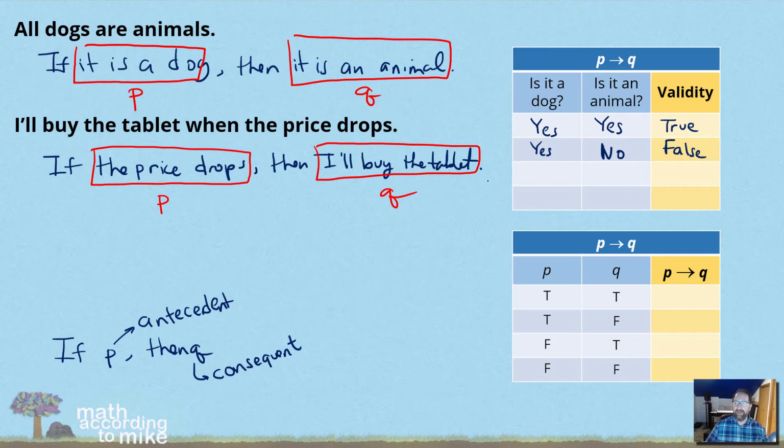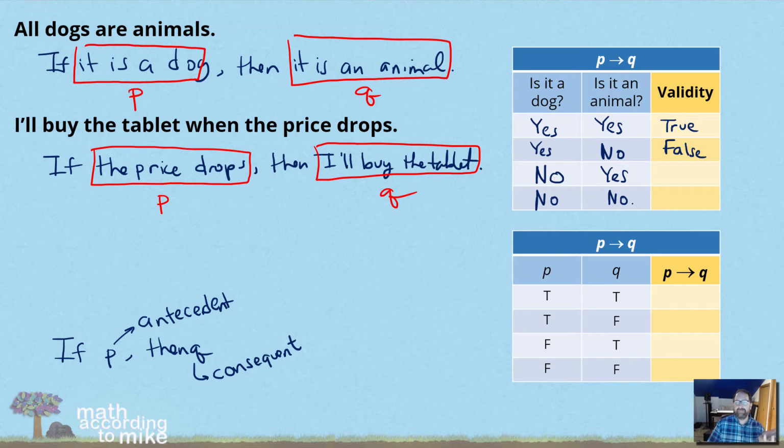What if the thing on the ground was definitely not a dog? That's our last two cases. If we definitely know it's not a dog, it can or cannot be an animal. We don't know anything past it's not a dog.